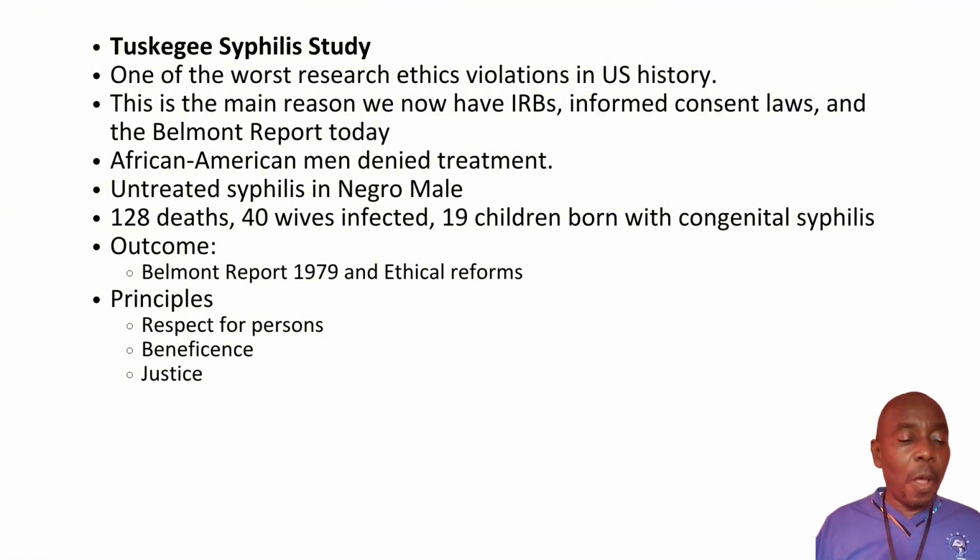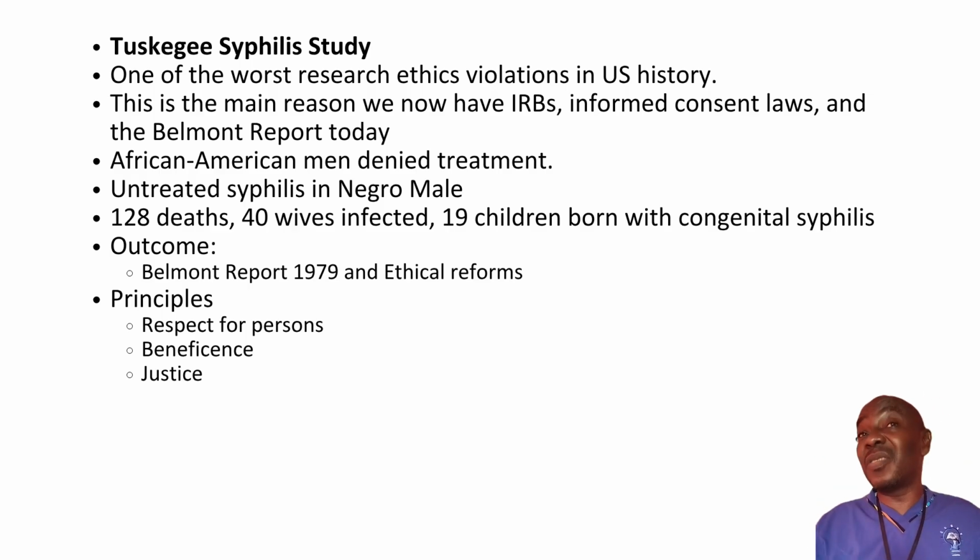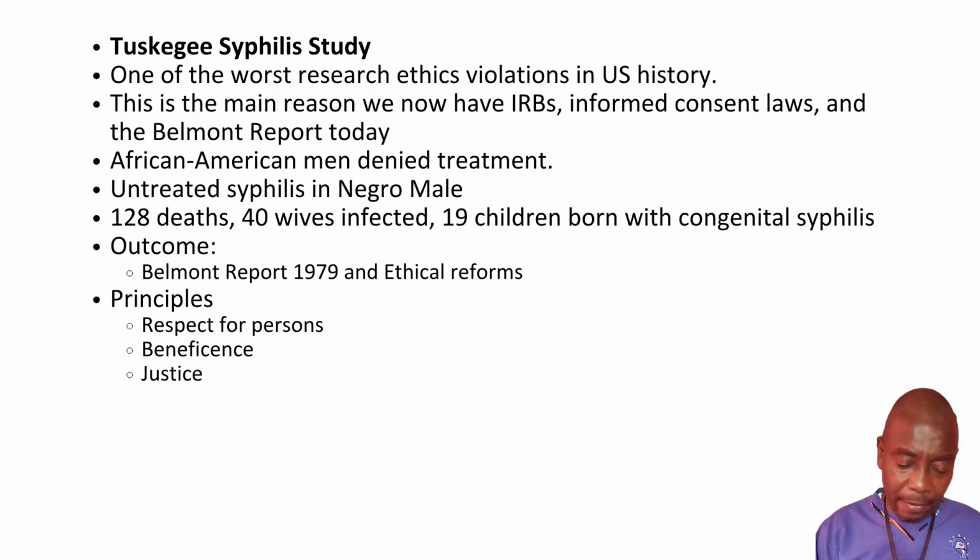And so that led to the Belmont Report of 1979, where we now talk about respect for persons, beneficence, justice, and that also led to the establishment of the IRB, Institutional Review Board, for ethical consideration of researches. And this must be in institutions where researches are done. Okay, so ethical principles in human research.